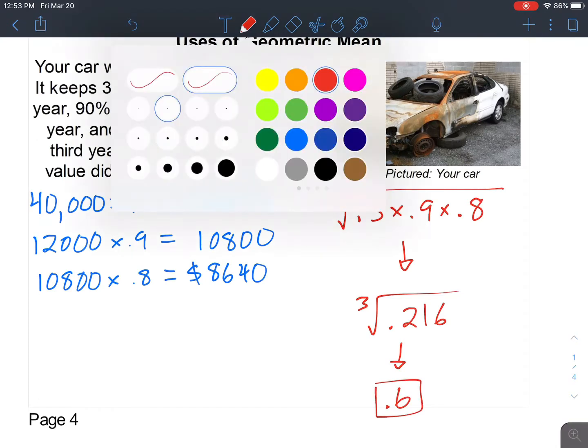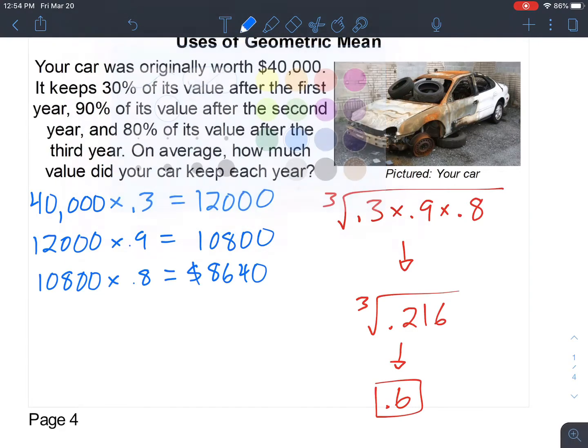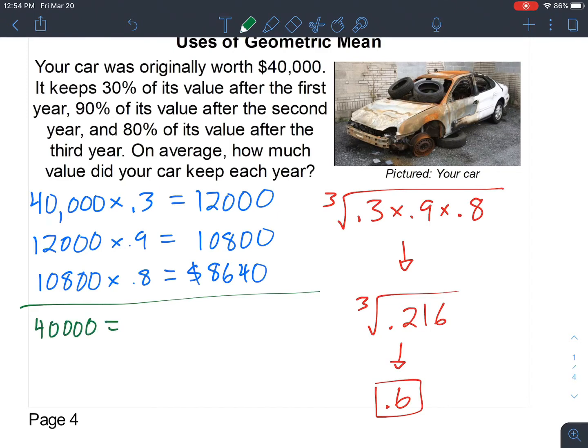And to show you then that this is correct, what I'm going to do now is recalculate the value of the car after the 3 years, but this time I'm going to multiply by 0.6 each time. So 40,000 times 0.6 is going to be 24,000.